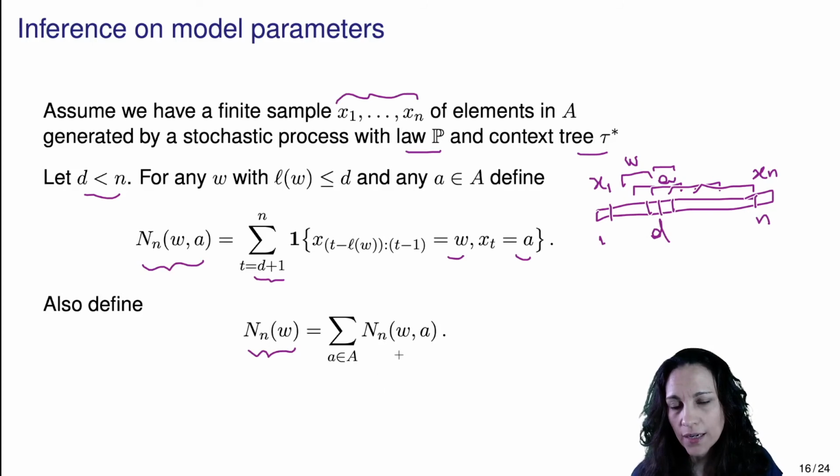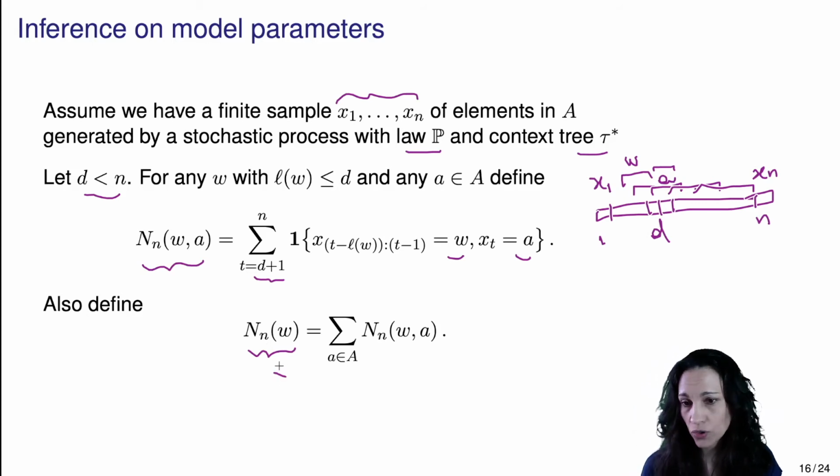Because here we are counting the number of times w occurs followed by any symbol in the sequence. So it's not the same as counting the number of occurrences of w, but it's very similar, and both definitions could differ by at most 1, but we need this definition of n of w.